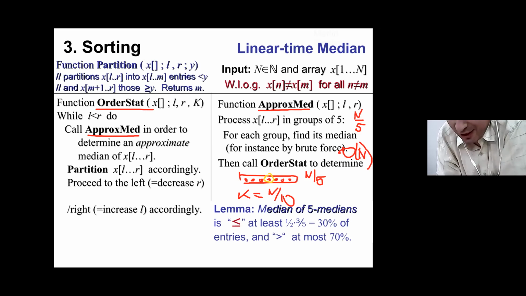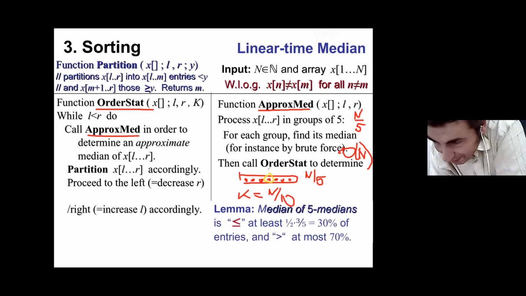Order statistics also needs itself, because you need to call it recursively on smaller pieces, but order statistics needs approximate median, and approximate median needs the order statistics. So they call each other recursively, and this is what accomplishes this task.